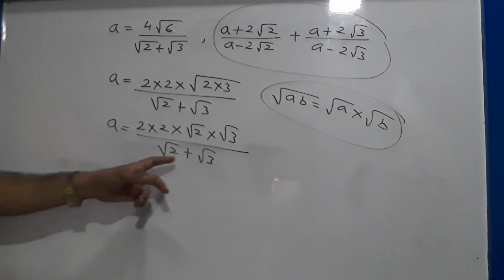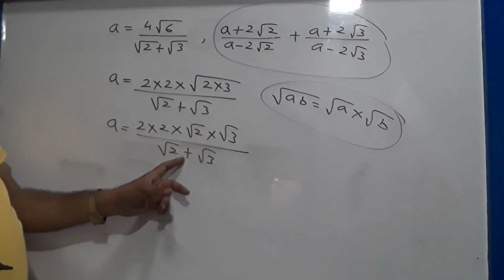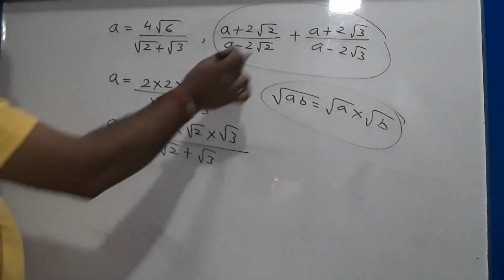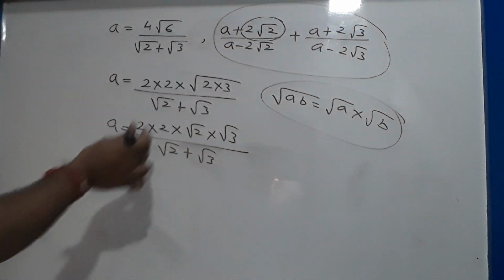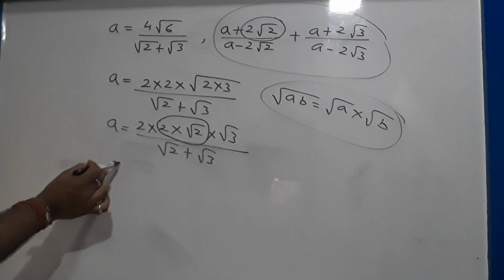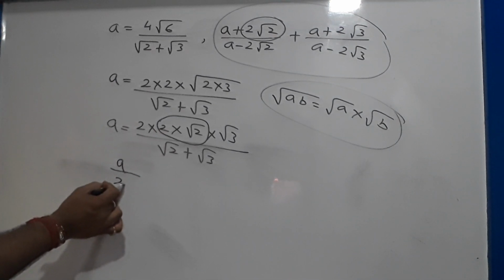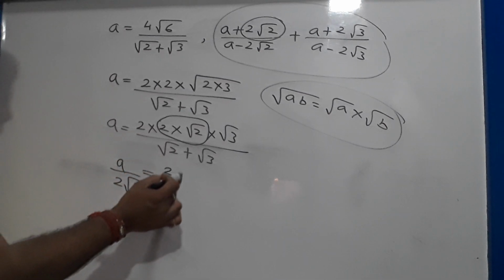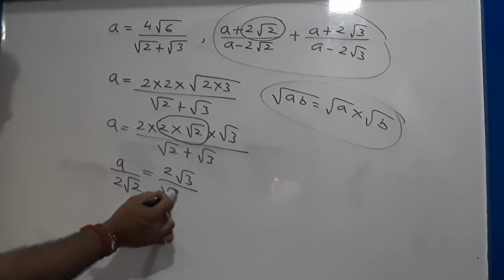Now this root 2 and root 3 cannot be cancelled because there is a plus sign. Now which part do we want to bring in the picture? 2 root 2. So this 2 root 2 I will take in the denominator. So what will I get? A upon 2 root 2 is equal to, what is left? 2 root 3 upon root 2 plus root 3.